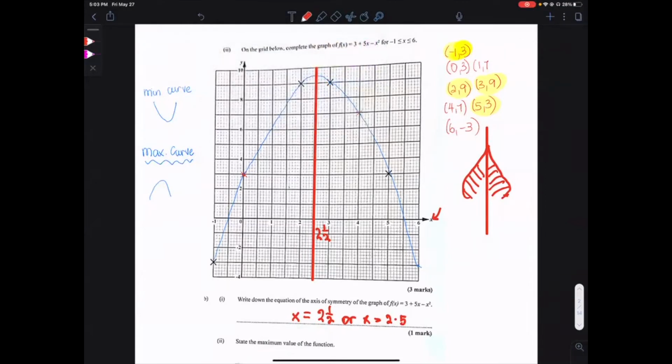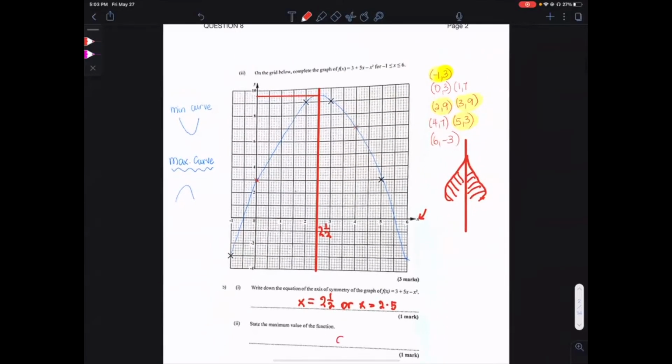This is the point here, the highest value on the curve, and it is a y coordinate, or f of x. Right now on my curve, I will go with 9.5. It is probably a little less than 9.5, but because the graph is so small, I really can't see it. So they want the value. I will have to put probably 9.5.